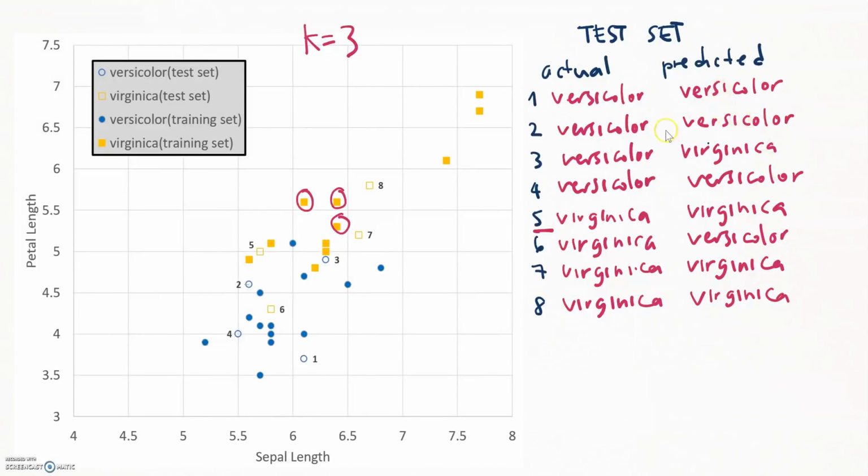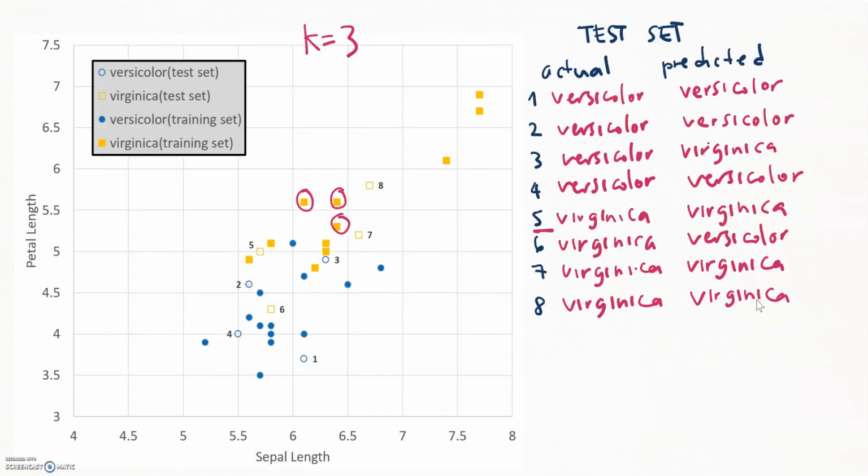Okay, so now we have the predictions made by the k nearest neighbors on the 8 records in the test set. In doing so, we have actually ignored their actual classifications, which are in this column. Now we are ready to summarize how good the prediction has been.